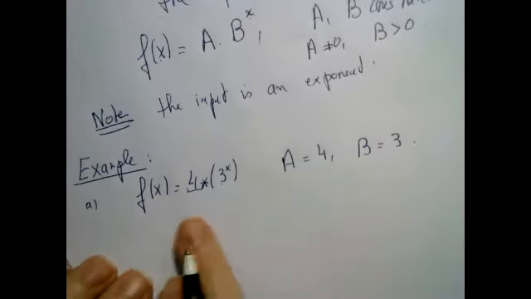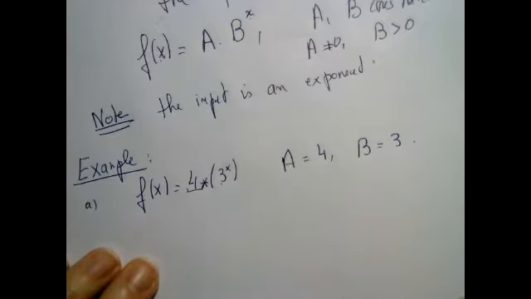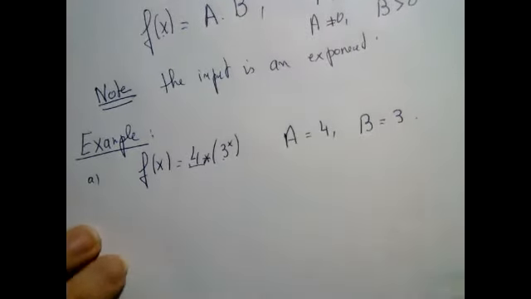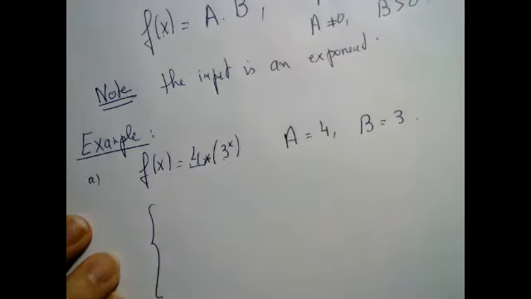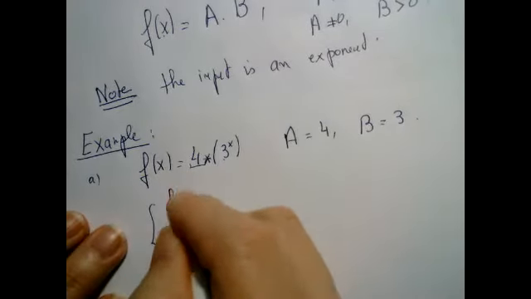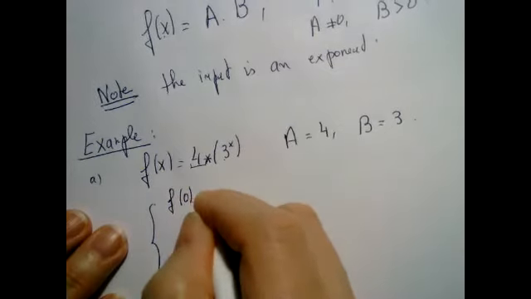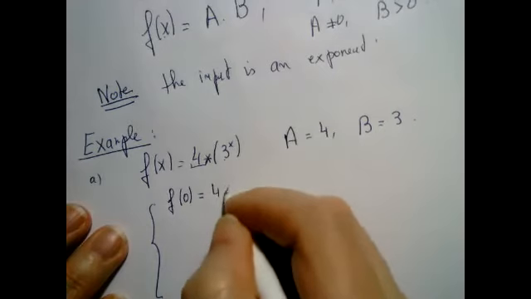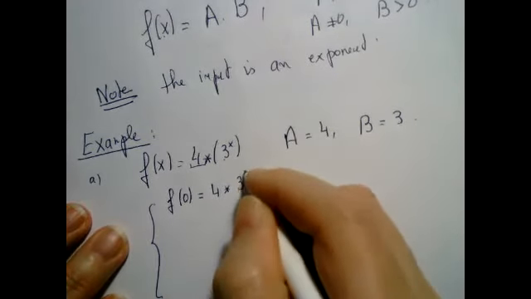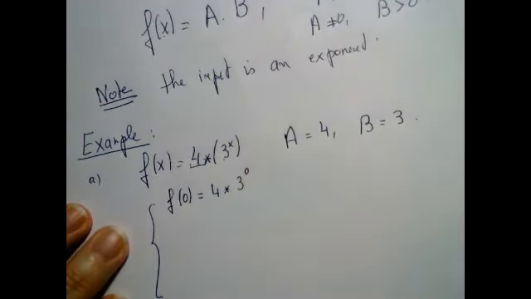Now let us evaluate this function for a few values of x so that you will see how it works. Suppose I evaluate f of 0. What is f of 0? It's 4 times 3 to the power 0. So the x is a power.